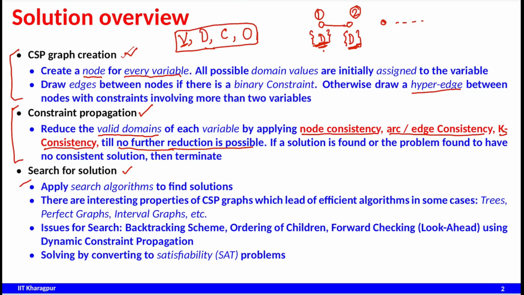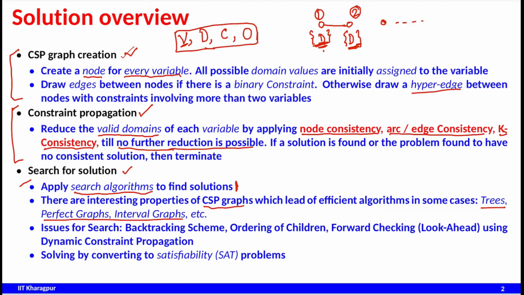We use the typical search strategy for finding the solution, and if the constraint graph that we generate has a special structure, such as a tree, a perfect graph or an interval graph, then the search algorithm can be made simpler and the solution can be found in polynomial time. But for a general graph, when we apply the traditional search, usually the problem is in the exponential domain.